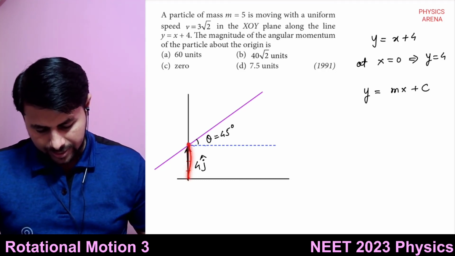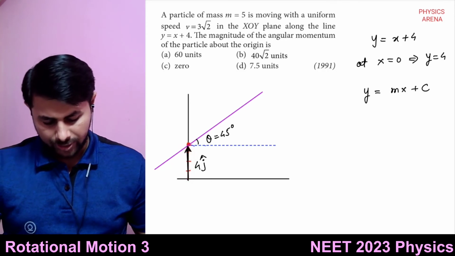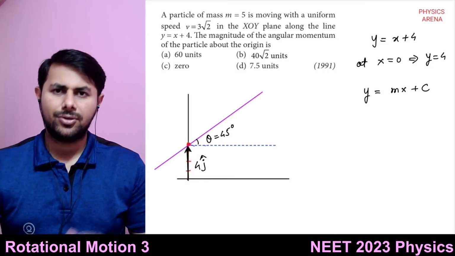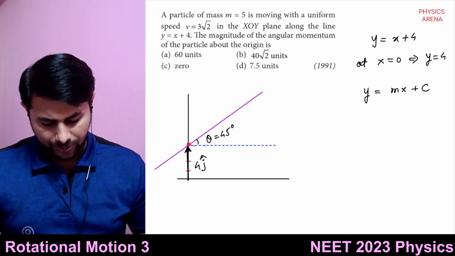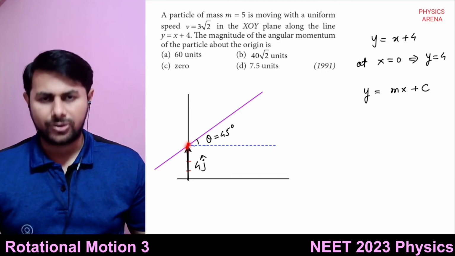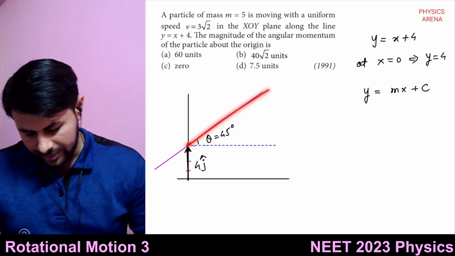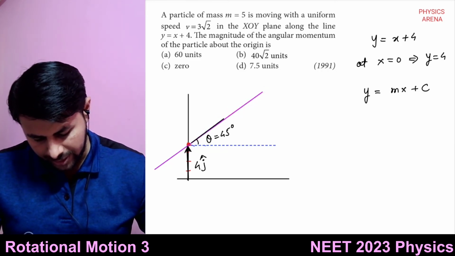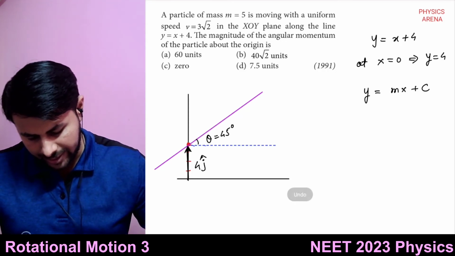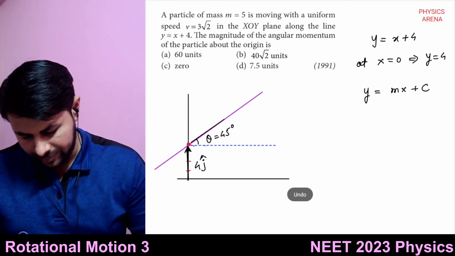What is the position of this point? 0, 4. The x coordinate is 0, the y coordinate is 4. So the position vector is 4 j cap. And then it is moving along this line, so its velocity or momentum will be directed along this line.